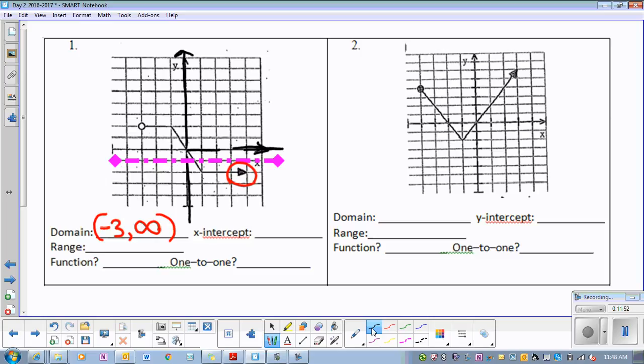If we took this little part of the graph and we zoomed out, imagine that we took this little piece and we zoomed out. Zoom it out more, it would keep going down. Zoom it out more, and it would keep going down.